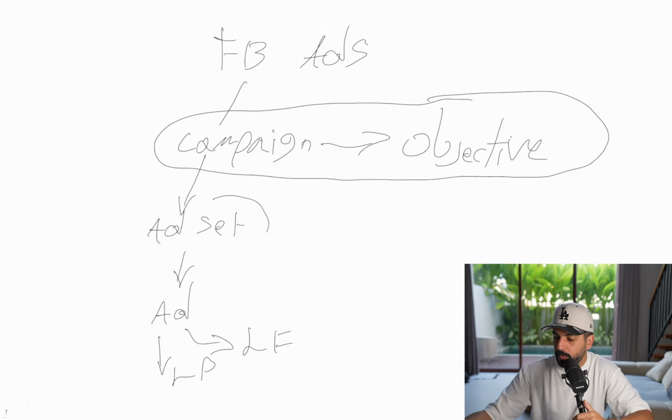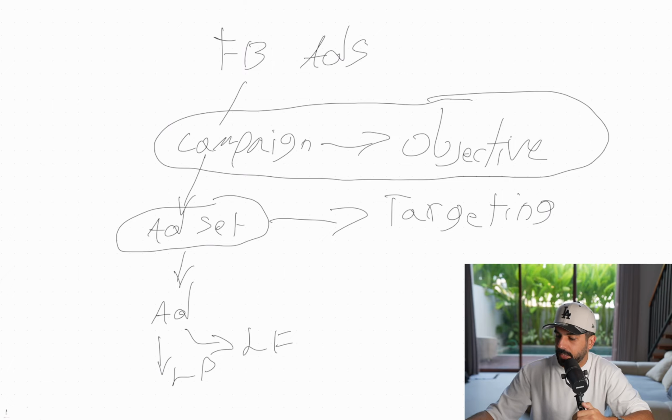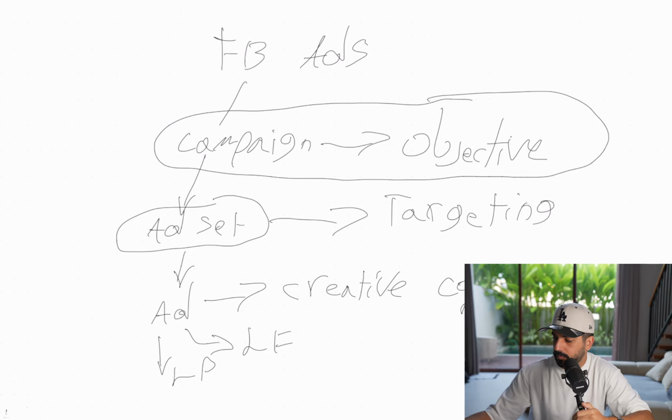Then we have the ad sets. Now the ad set is responsible for our targeting. Okay? So who are we targeting? Who's the audience that we're trying to reach? And then of course the ad has basically the creative, right, which is our copy plus image.